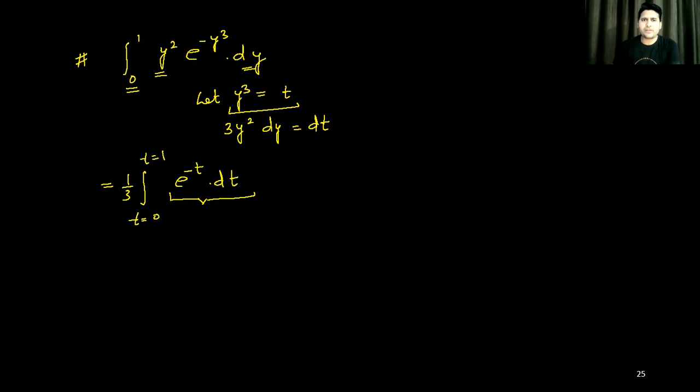Now, it means what? We have changed dy by dt. Not only is dy changed by dt, but if I write purely in terms of t, dy will be dt upon, from here the value of y will be t to the power 1 upon 3.